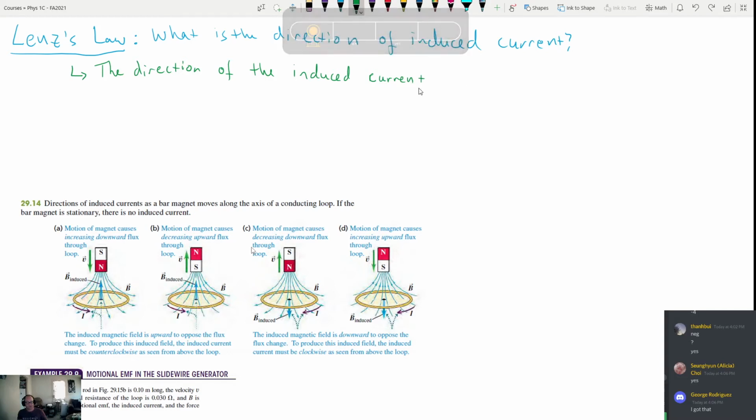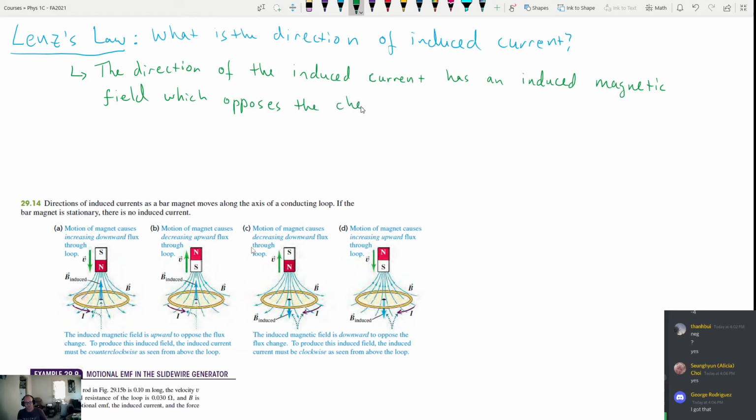The direction of the induced current has an induced magnetic field which opposes the change in magnetic flux.